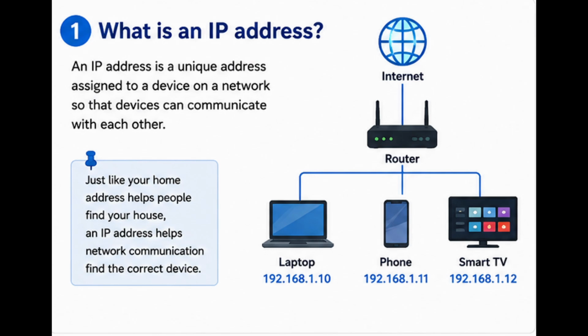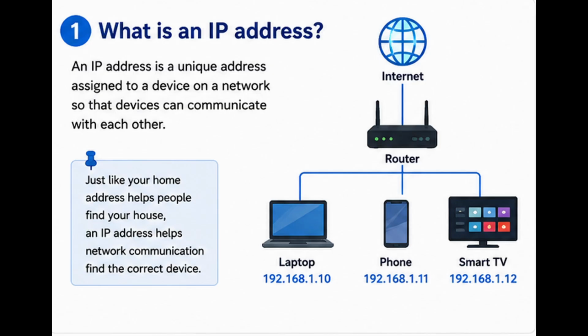You might see addresses such as 192.168.1.10 for your laptop, 192.168.1.11 for your phone, and 192.168.1.12 for your smart TV. These addresses help identify the device inside your local network.